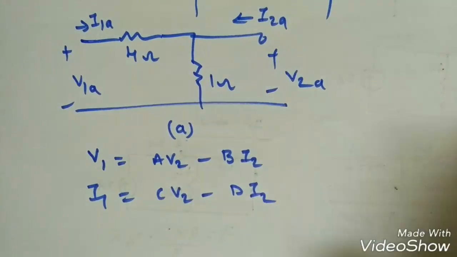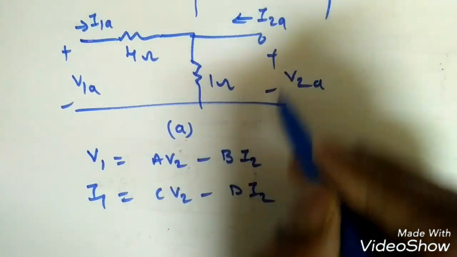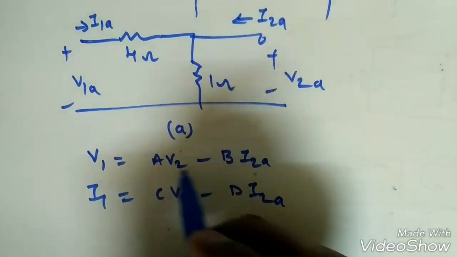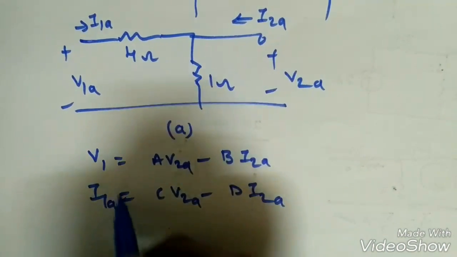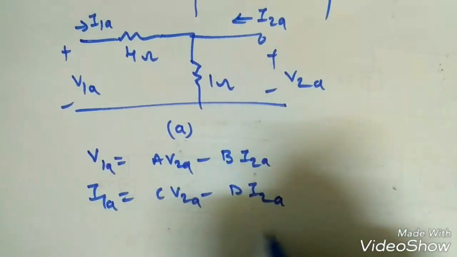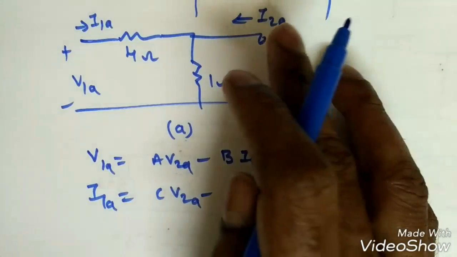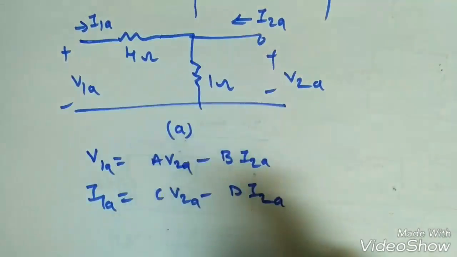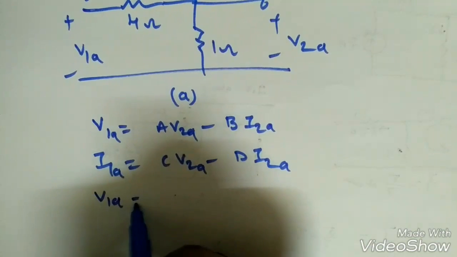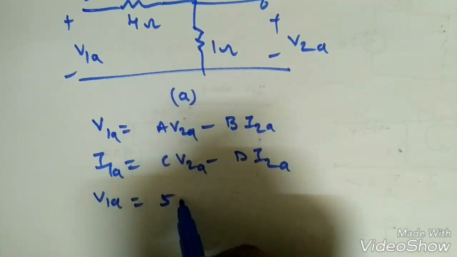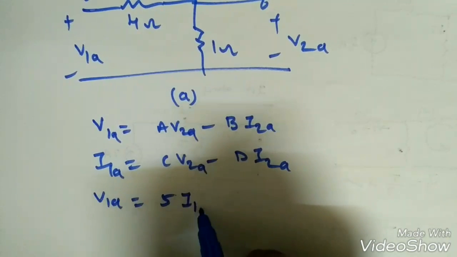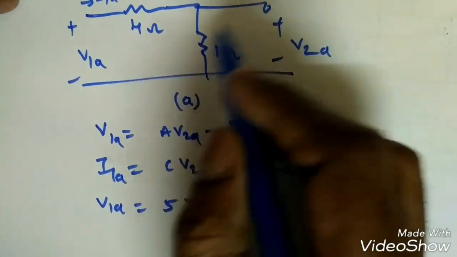Now first we will find with I2A equal to 0. If I make I2 0, I will get A and C. So if this is 0, what is this? Directly V1A is equal to 4 plus 1, 5 I1A, because this current is 0.